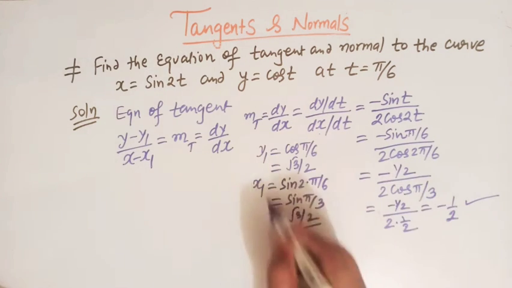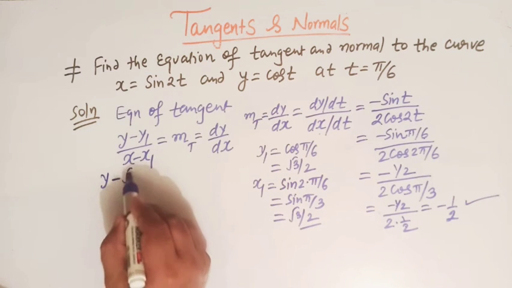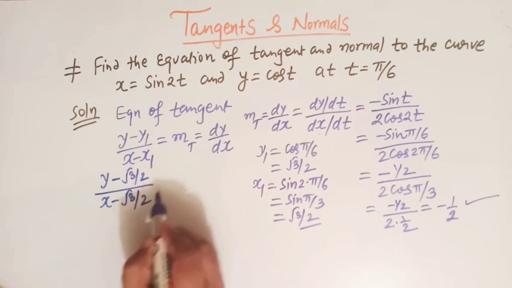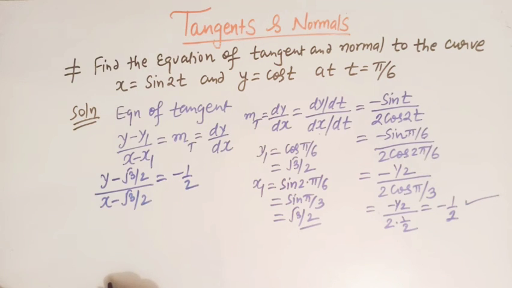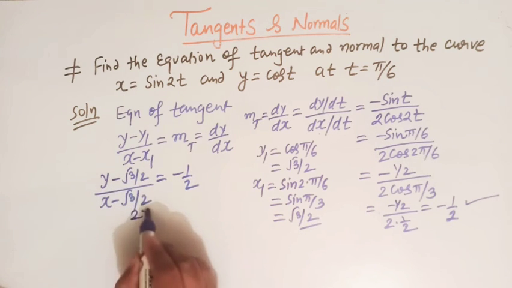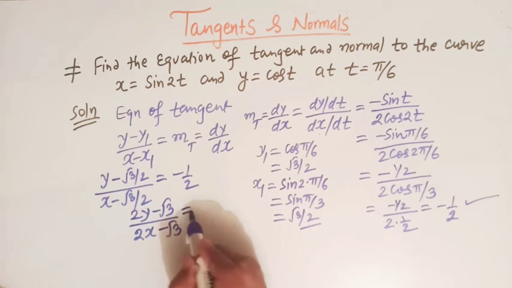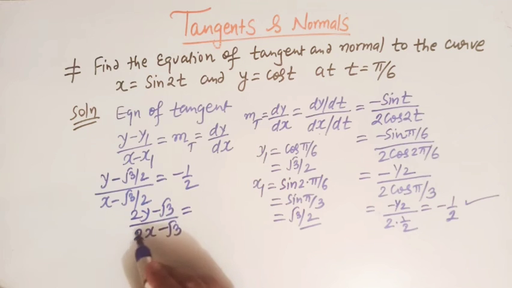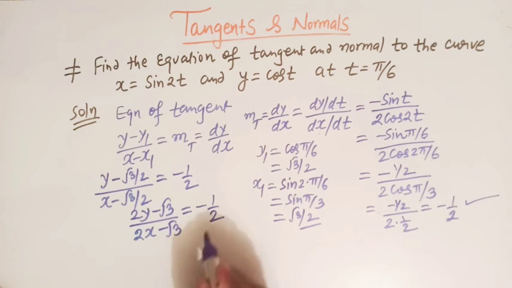So now we substitute these values here, we get (y minus root 3 by 2) over (x minus root 3 by 2) is equal to minus half, right? If we simplify it, we get (2y minus root 3) divided by (2x minus root 3) is equal to minus half, because 2 and 2 get cancelled.